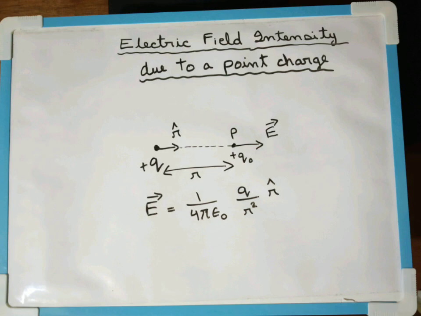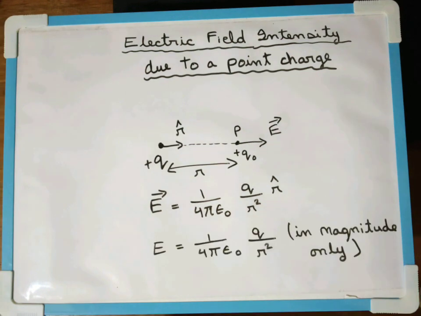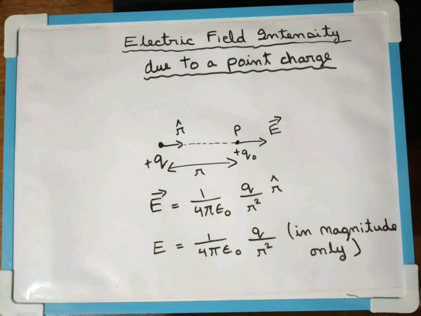And in magnitude, you can write this as E is equal to 1 by 4 pi epsilon naught, q by r square. This is the expression for the electric field intensity due to a point charge in magnitude only.